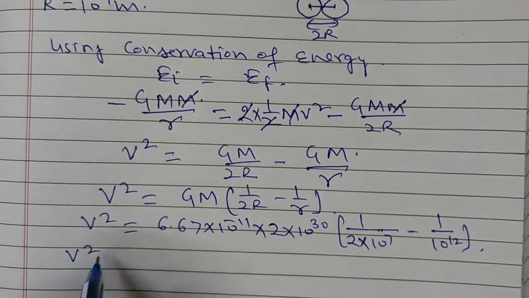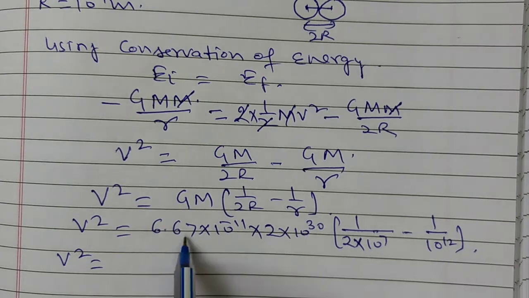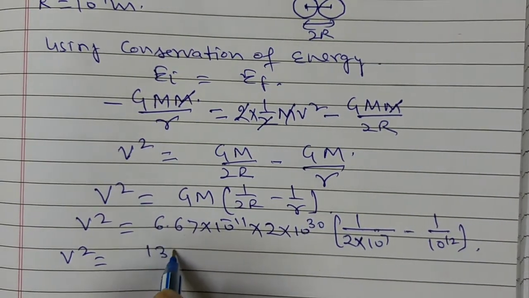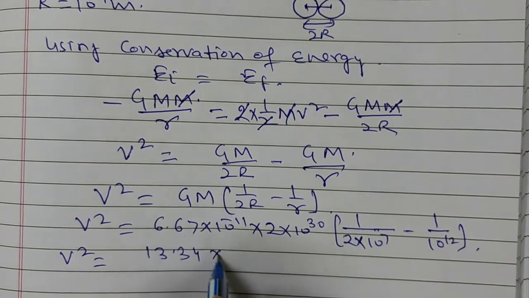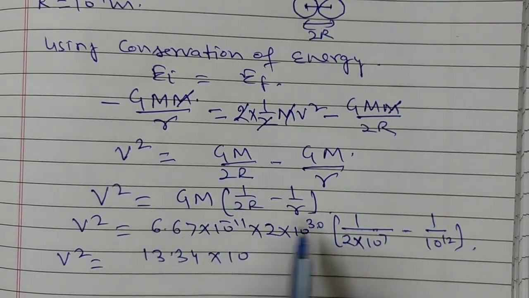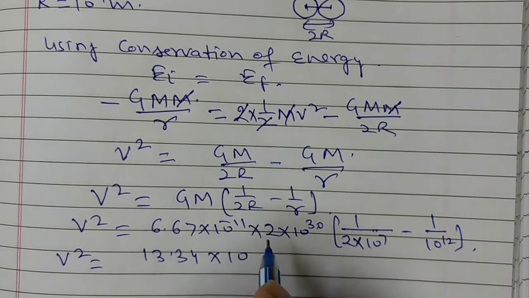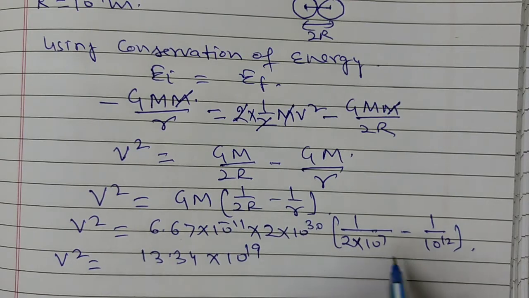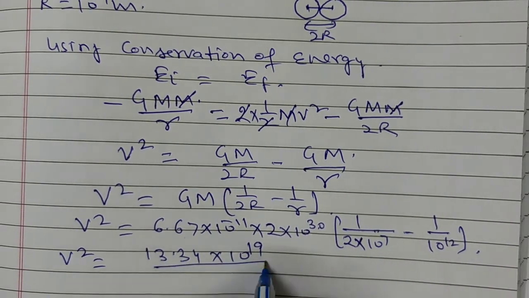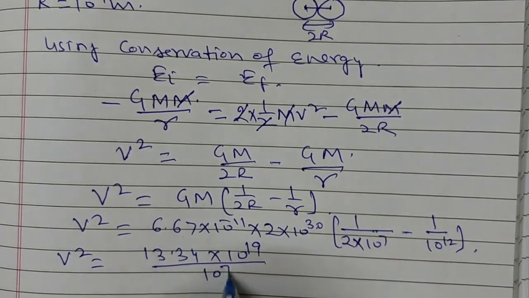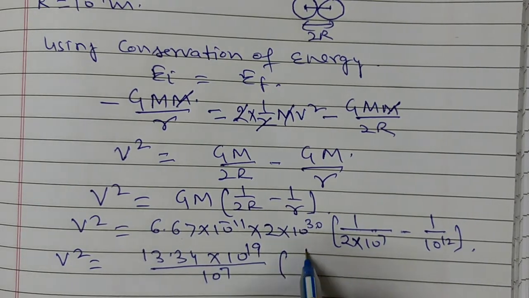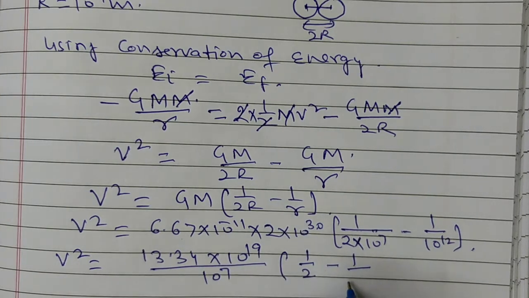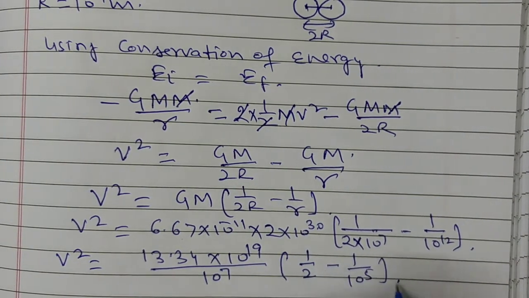Now v square is equal to, on multiplying, 13.34 into 10 raised to power 30 and minus 11, so this is 19. And 10 raised to power 7, 1 upon 10 raised to power 7 is common, take outside, so this is equal to 1 upon 2 minus 10 raised to power 5.